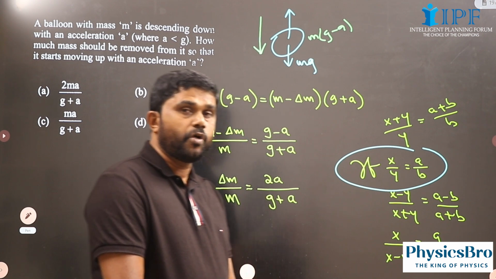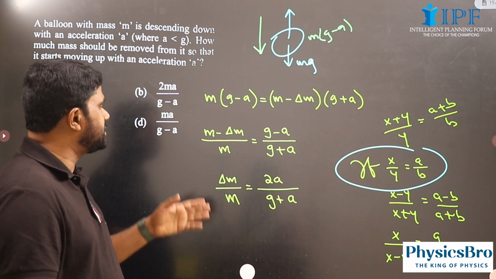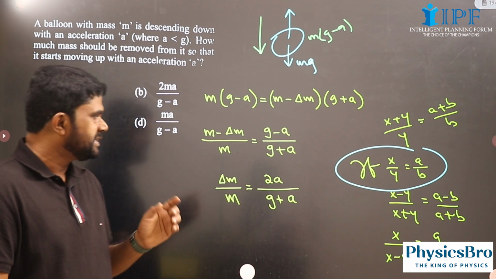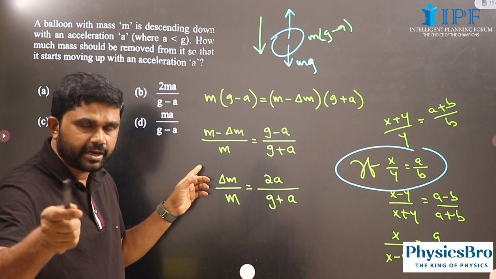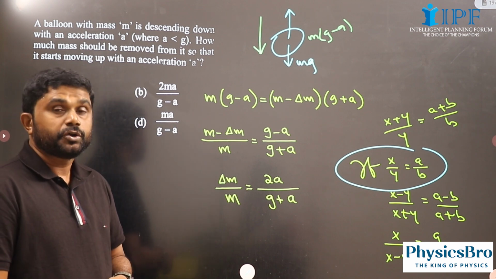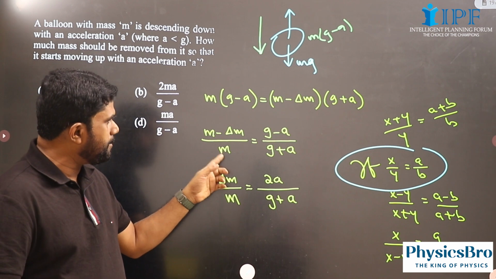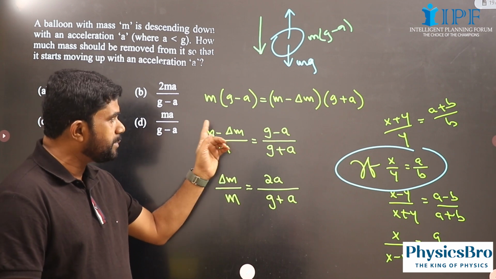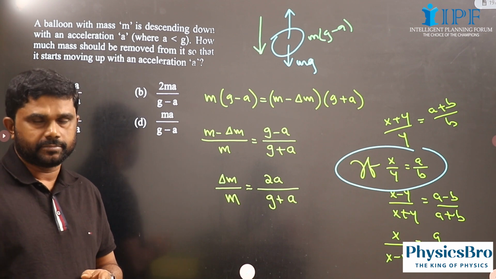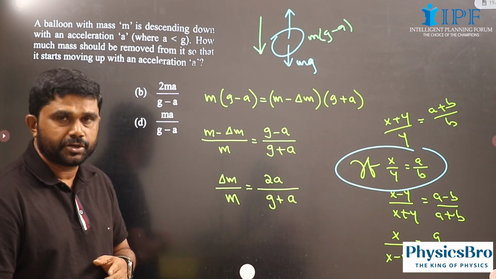Children, now what we want is delta m. How do we get delta m from here? Please listen. If we subtract the numerator from the denominator, m minus m will get cancelled, then 0 minus delta m will be delta m. So denominator minus numerator I have put in the numerator.